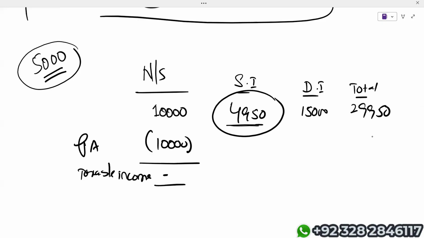In that situation, if anyone deducts the remaining personal allowance against the 4950, then technically it is incorrect, because you are wasting your personal allowance. Why? Because on 4950 you will not be paying any income tax; the applicable income tax rate is 0%.